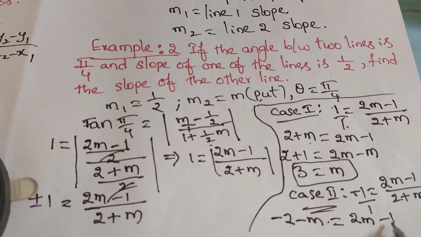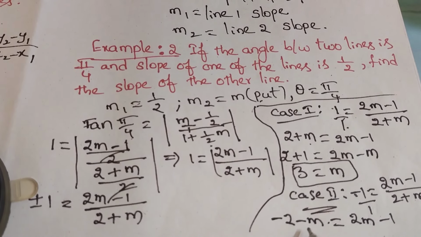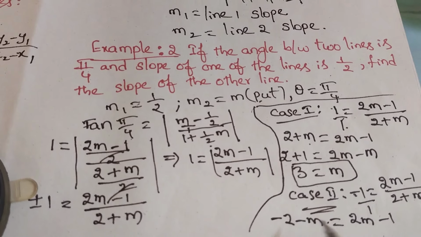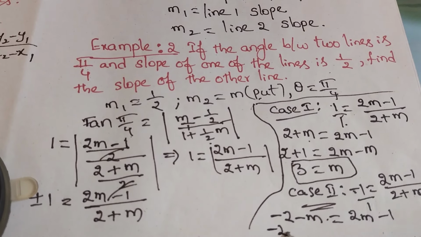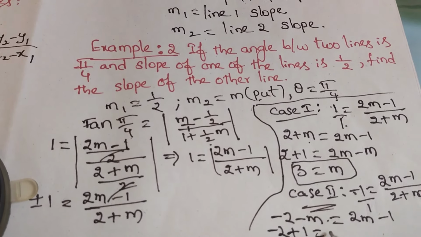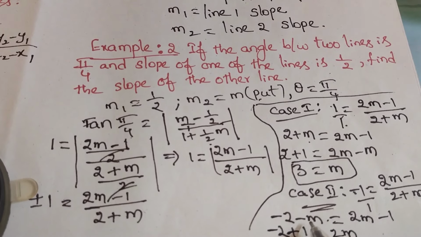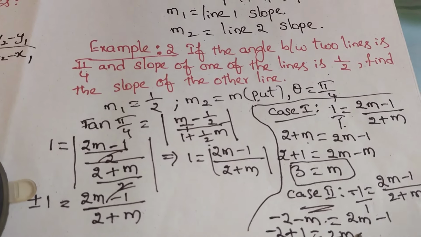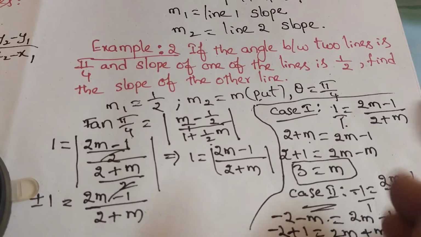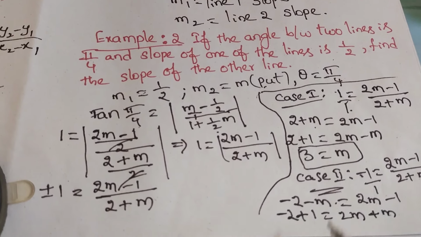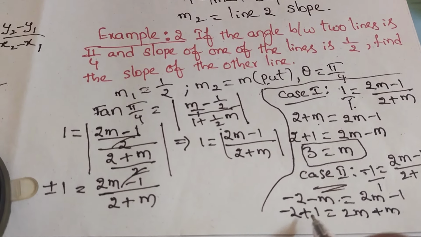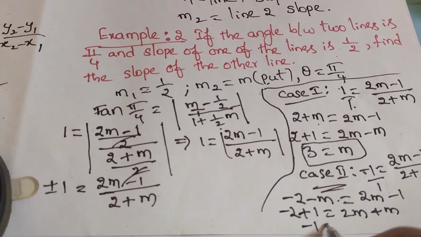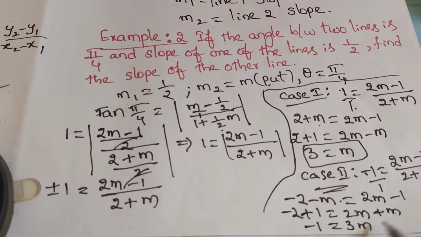Here we have minus 1. When I send this minus 1 to left hand side, it will become plus 1. So minus 2 plus 1 equals 2m. Here we have minus m. When I send this minus m to right hand side, it will become plus m. So what do we get from this? Minus 2 plus 1, that is minus 1, that equals to 3m.